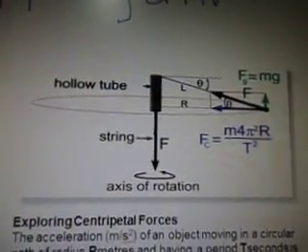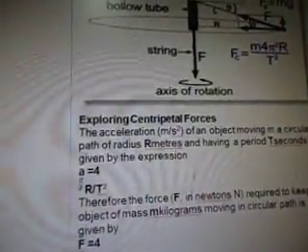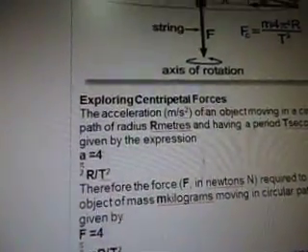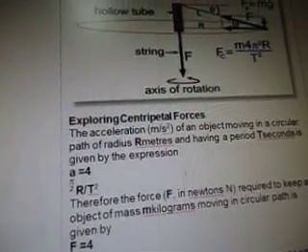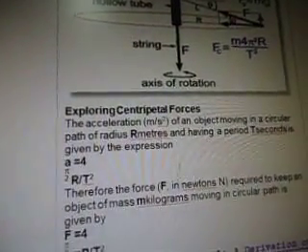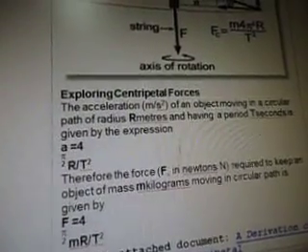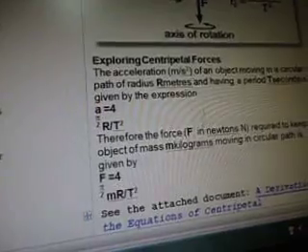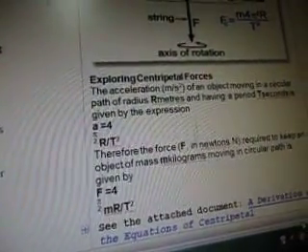So let's go over here and see. There's a diagram explaining the calculations that go with it, and then exploring centrifugal forces. The acceleration a, in m/s², of an object moving in a circular path of radius r meters and having a period T seconds is given by the expression a = 4π²r/T².